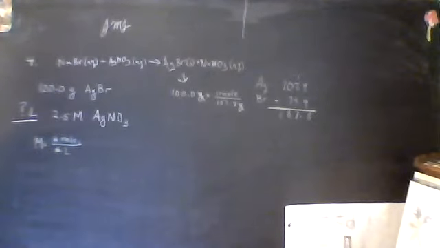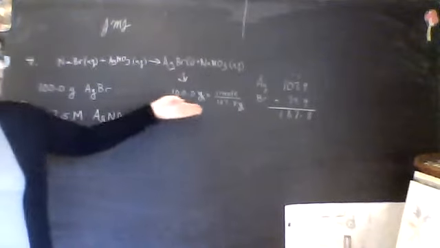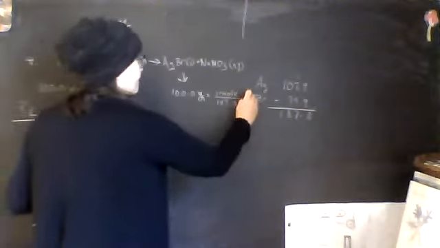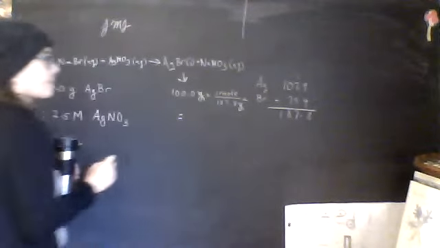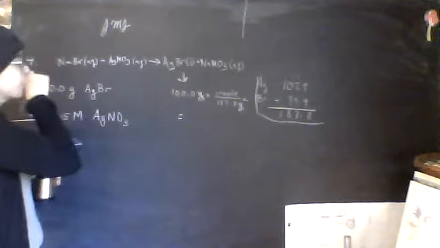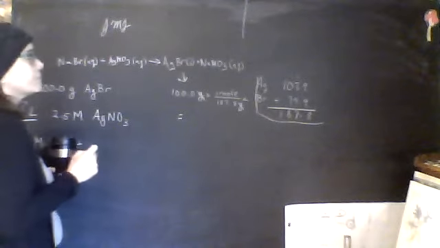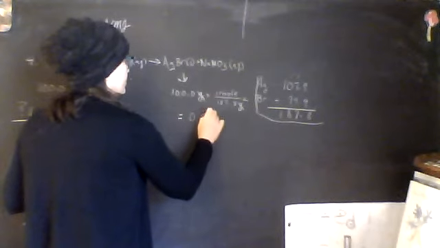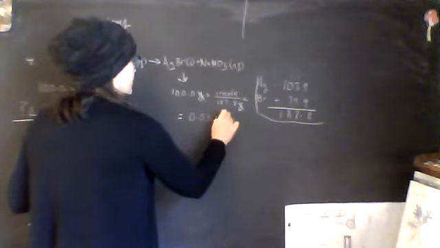So in a moment, Martin, we'll use the calculator to divide 100.0 by 187.8, and he will give us the answer to 4 significant digits. 0.5325 moles.